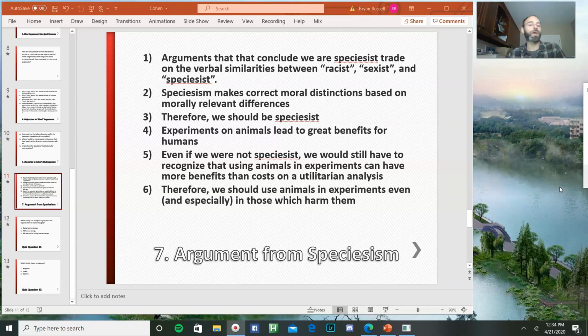But the main objection to him will be, why talk about species membership at all? Why not talk about the capacities and reject all these biological categories? Why are these biological categories morally relevant? Why don't we just talk about the moral capacities, which are obviously morally relevant?